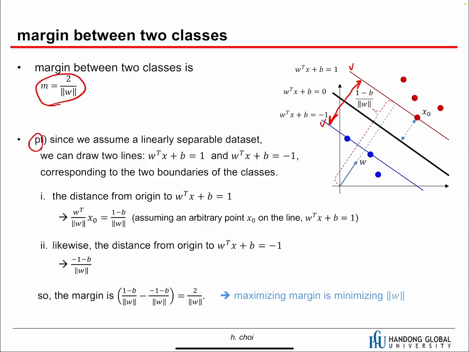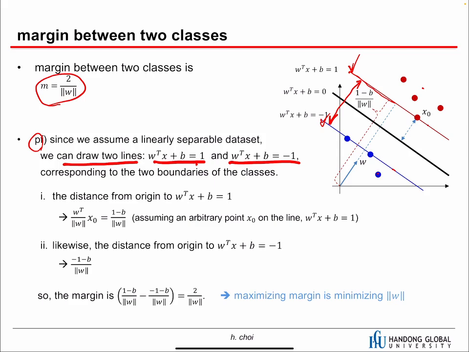Since we assume a linearly separable data set, we can draw two lines like this. So this one corresponds to this one, and this one corresponds to this one. So this one is the closest line touching any point in this class. And this line is the furthest line from the origin while touching some points in this class.